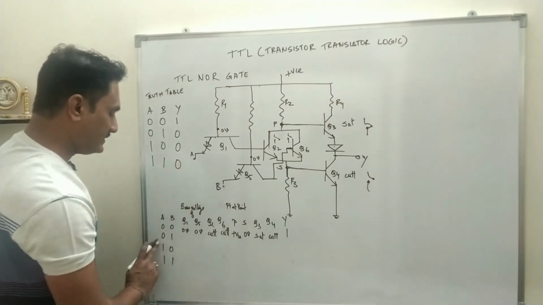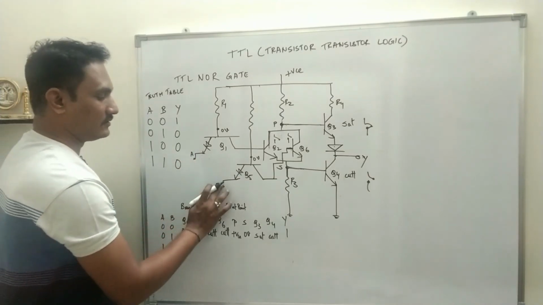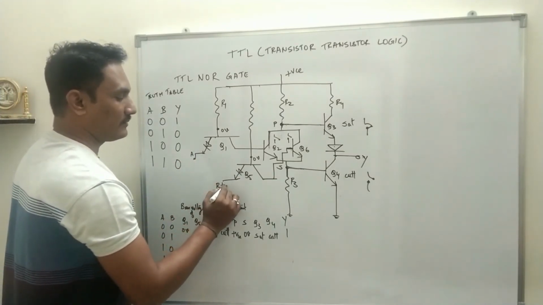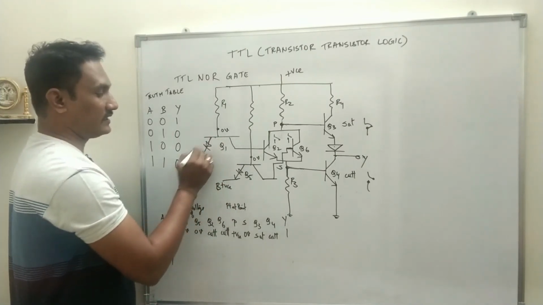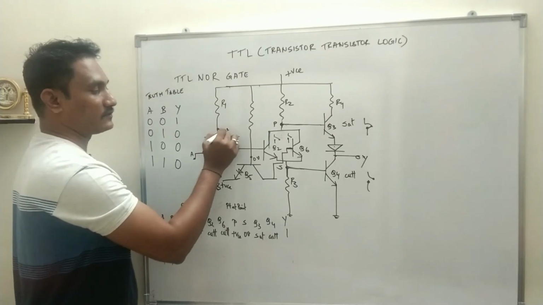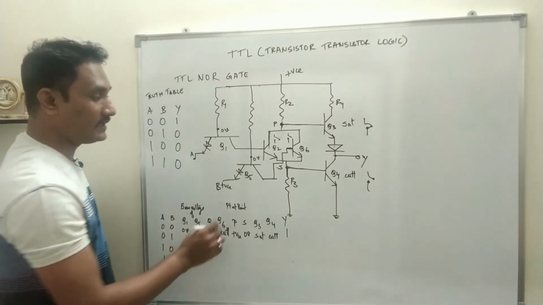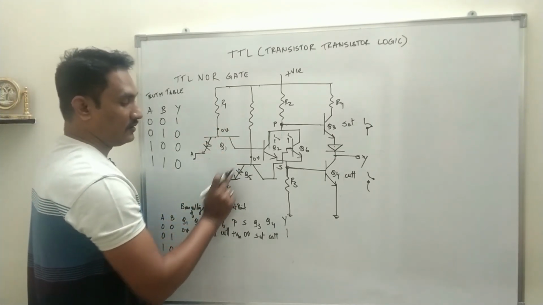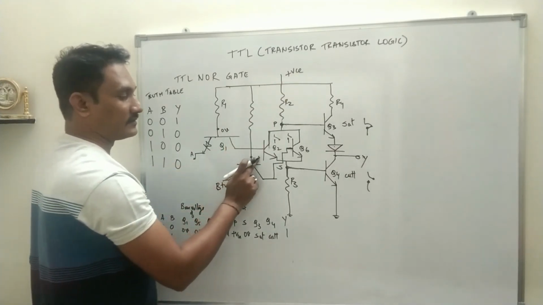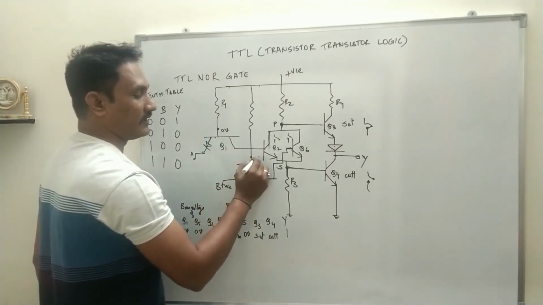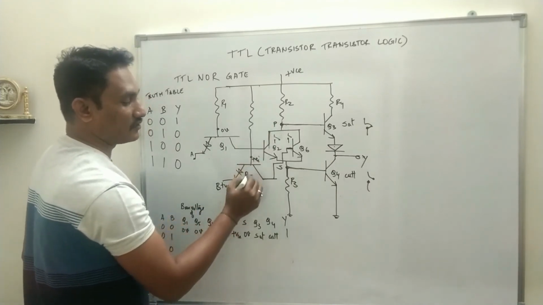Now if A is 0 and B is 1, because the base is connected to ground through this diode, the base voltage of Q1 will be 0 volt. But for this other diode, both the polarities are plus VCC, so the diode cannot be forward biased. That means the entire positive supply will be available at the base of Q5.